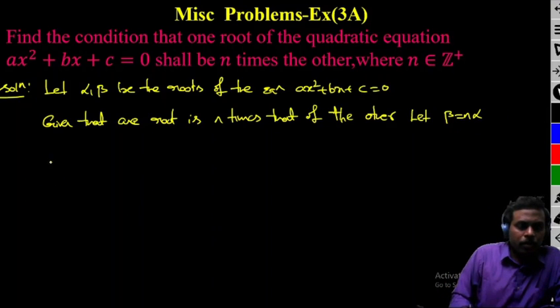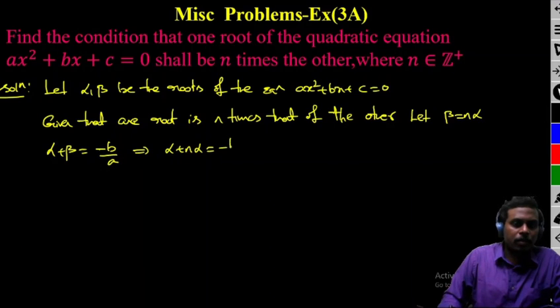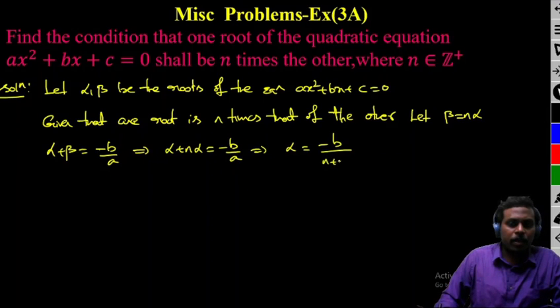Okay, we know certain relations between the roots and the coefficients. Let me write that alpha plus beta is equal to what? Minus b by a. This implies alpha plus n alpha is equal to minus b by a, implies alpha is equal to minus b by (n plus 1) into a.